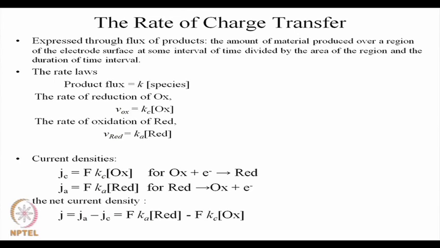So, rate law, product flux is equal to K into species concentration.